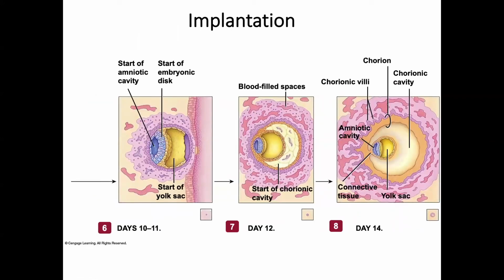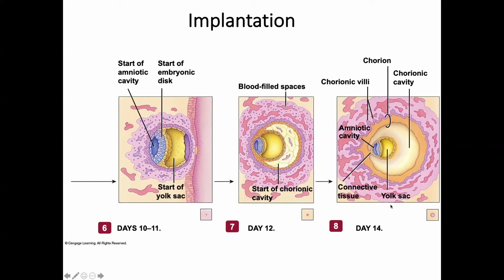As the blastocyst implants into the uterus, cords of chorionic cells start to form. Okay, when implantation is complete, the blastocyst is buried completely in the endometrium. At this moment, the chorionic villi shown here are folds of tissue and blood vessels that connect the maternal and the fetal blood pools.